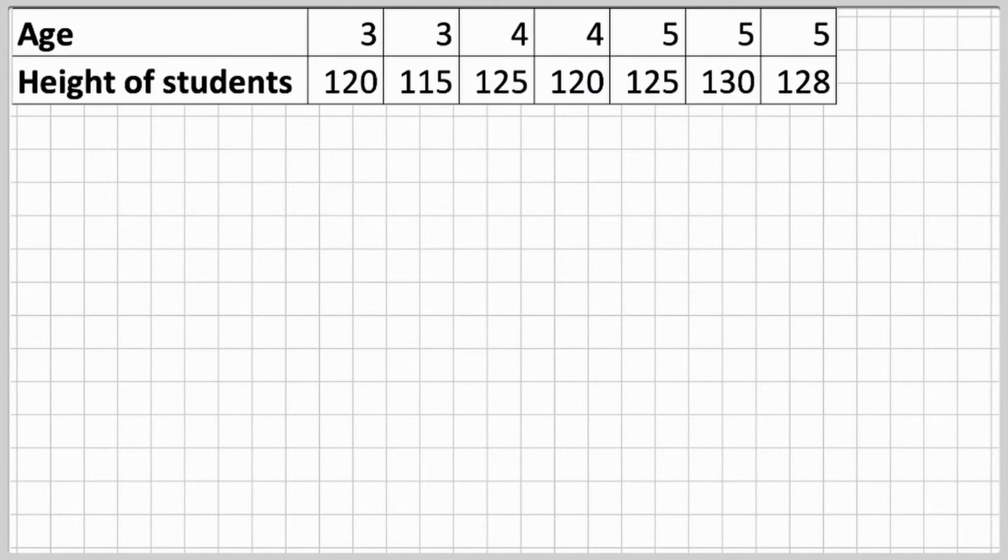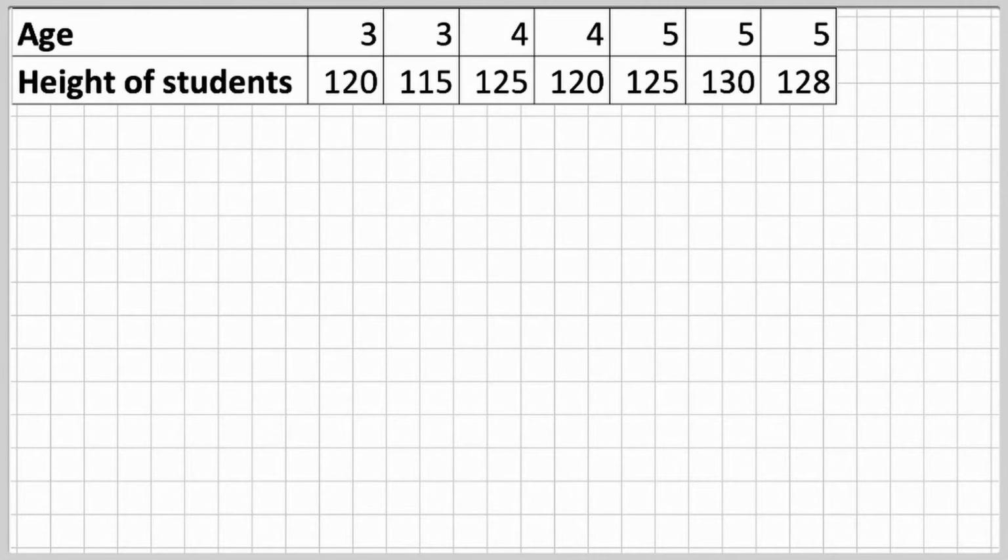So in today's lesson, let's say I did an experiment, and I asked the parents of 2, 4, 6, 7 youngsters what height they were, because a 3-year-old won't really know that they are 120 centimeters tall.